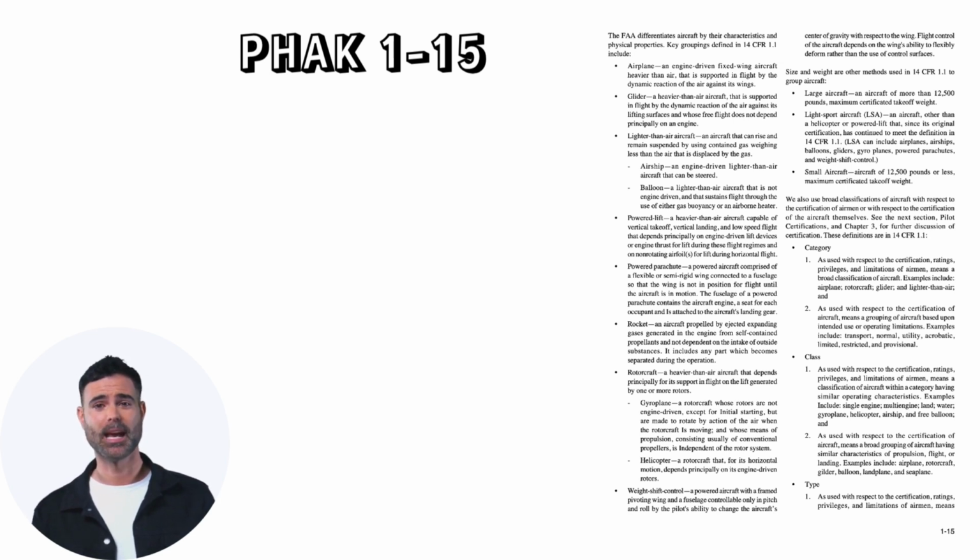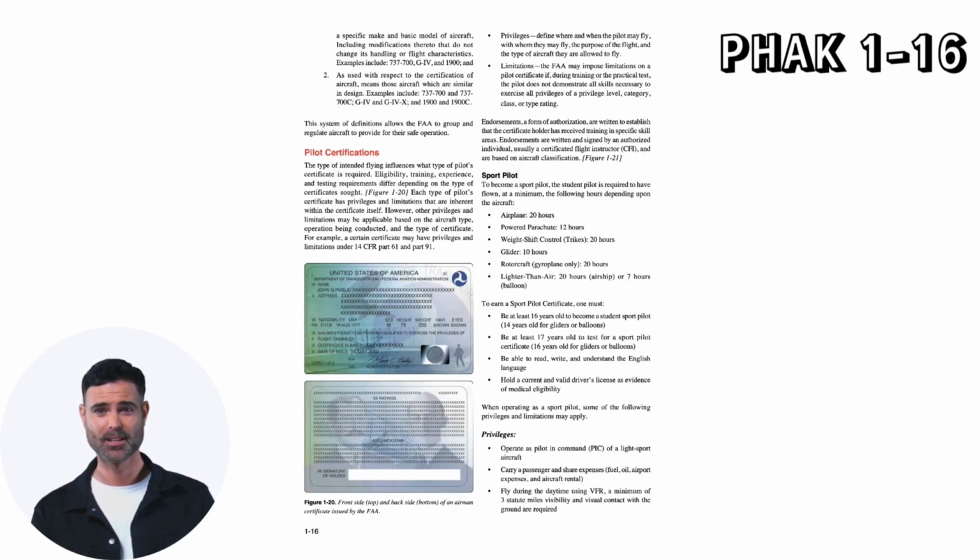Type: 1, as used with respect to the certification, ratings, privileges, and limitations of airmen, means a specific make and basic model of aircraft, including modifications thereto that do not change its handling or flight characteristics. Examples include 737-700, GIV, and 1900.